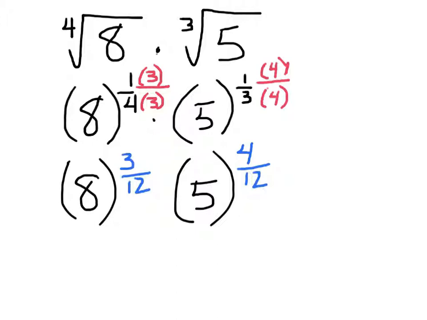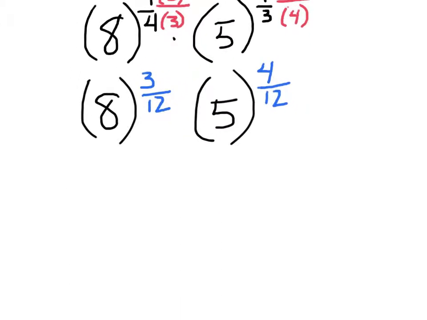Now, here is the reason those numbers are so high that you saw in some of those answers. Here's the way we're going to do this. We're going to keep the powers with their buddies. So this cubed is going to stay with the 8, and the 4 is going to stay with the 5.